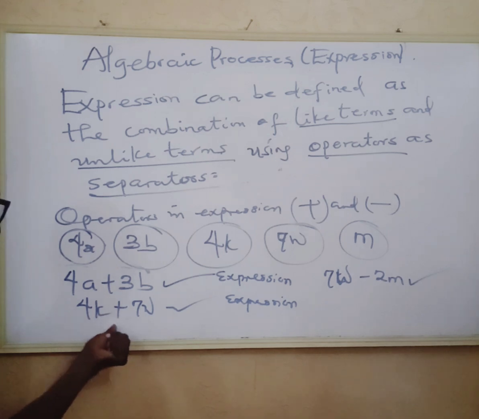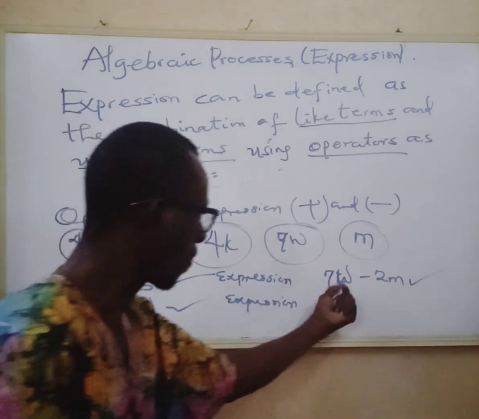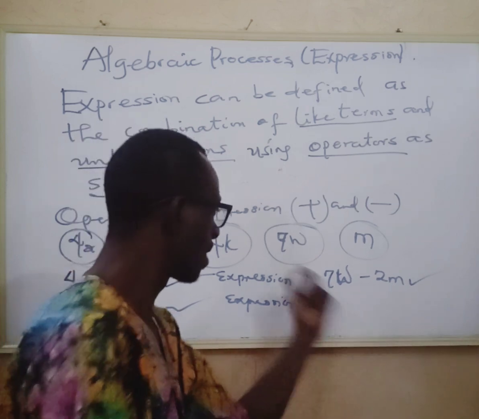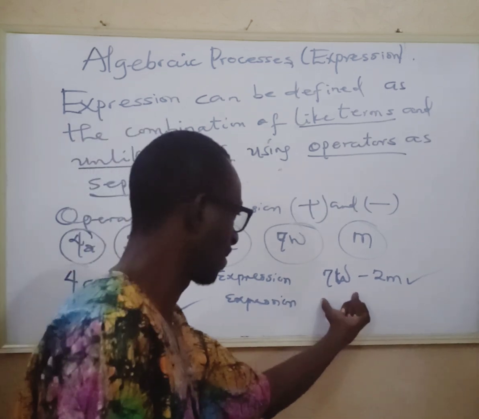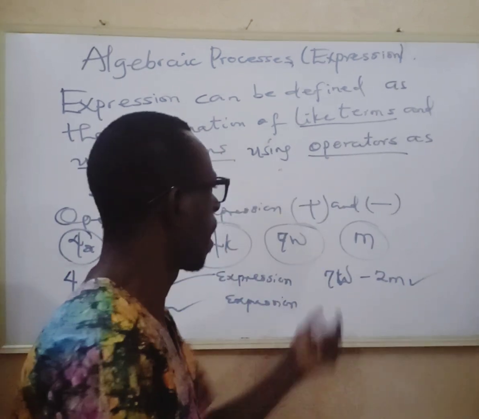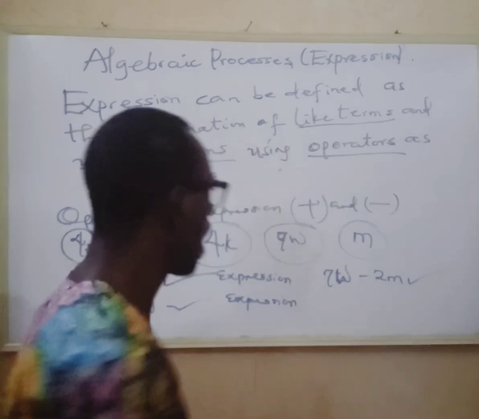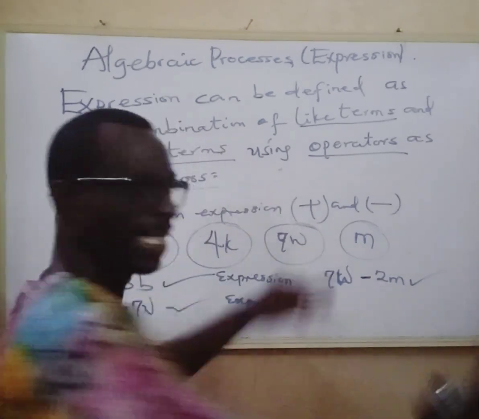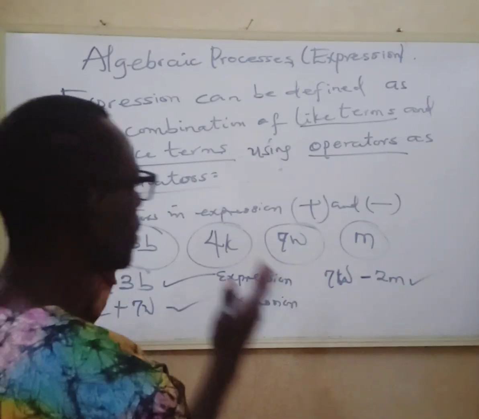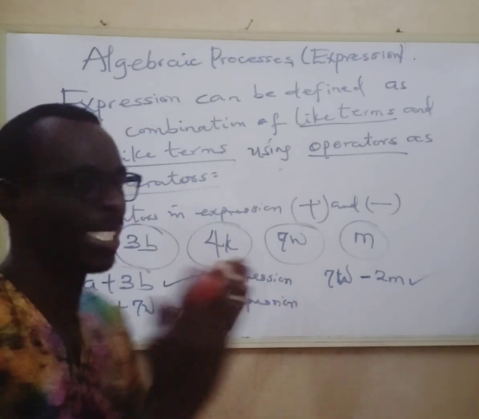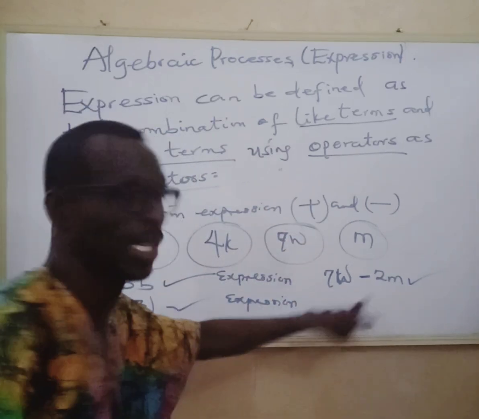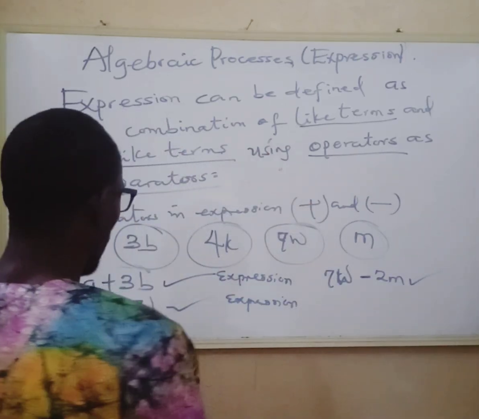That shows that we have a positive operator as a separator. The same thing applies to 7W minus 2M. 7W stands as a term, 2M stands as a term, and a negative operator is acting as a separator, making sure there is a difference between 7W and 2M.